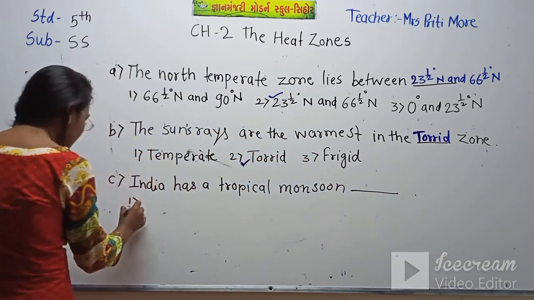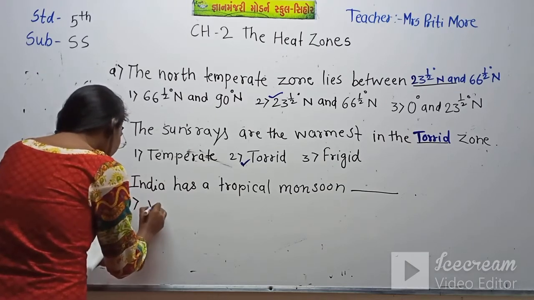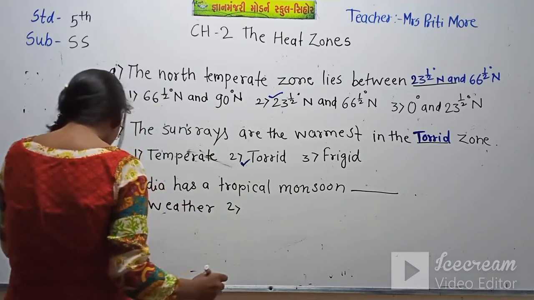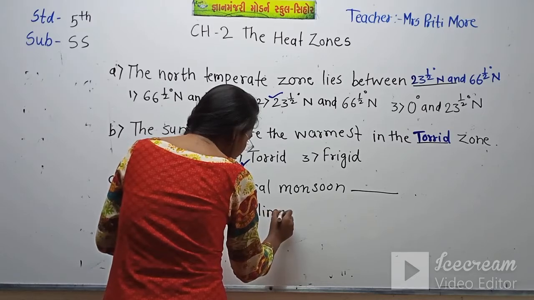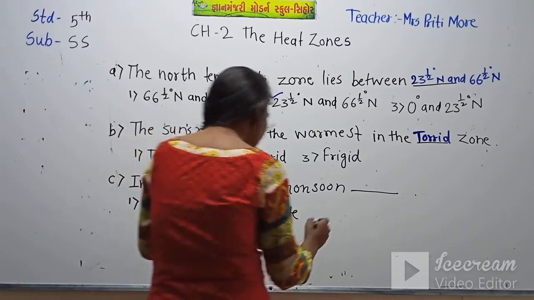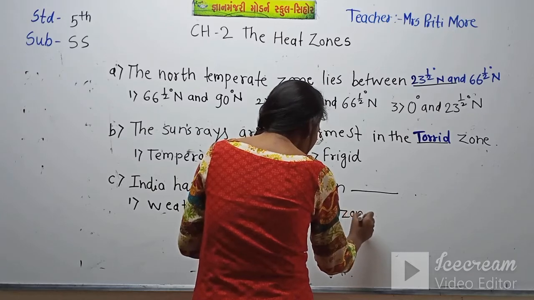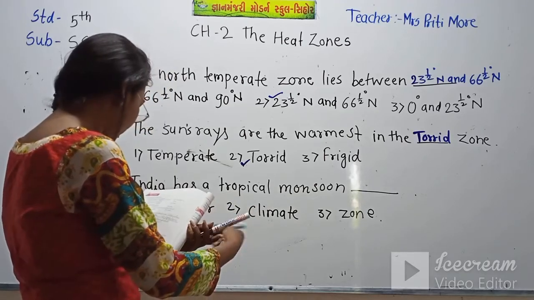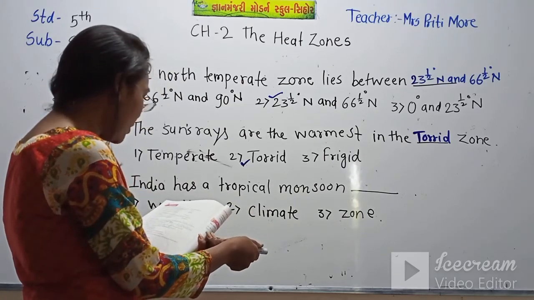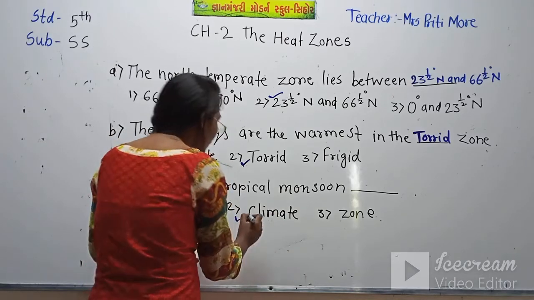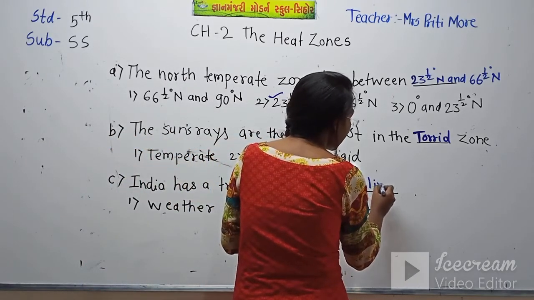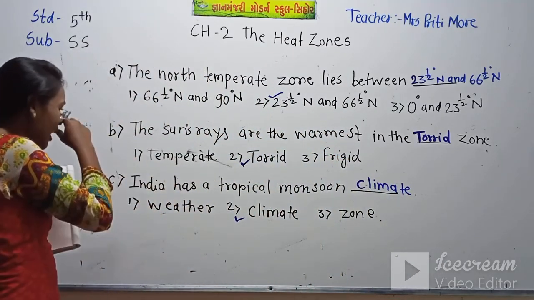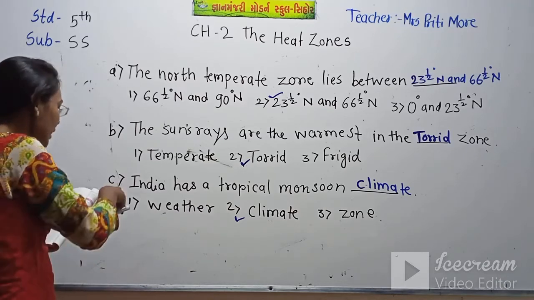Now three options: weather, second climate, third zone. India has a tropical monsoon climate. Option 2 is correct again. So right here, climate.